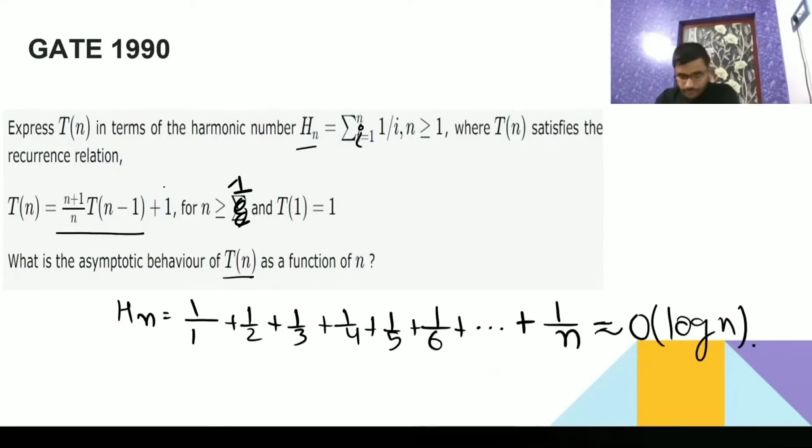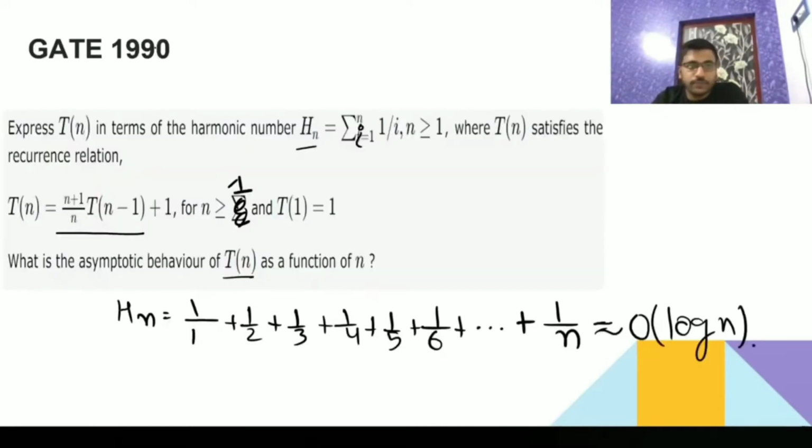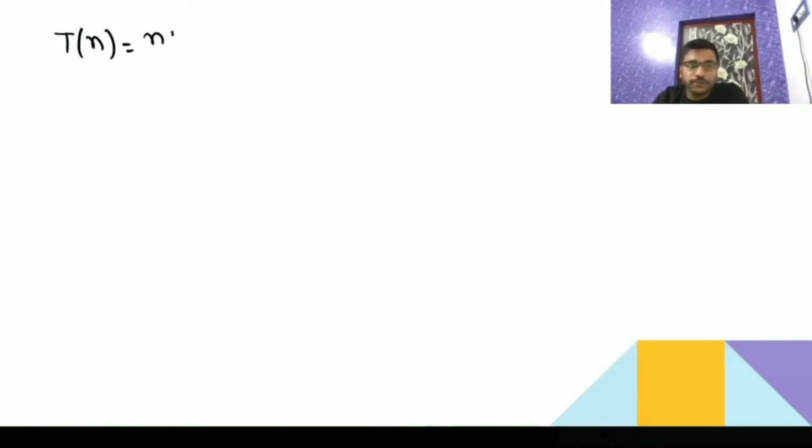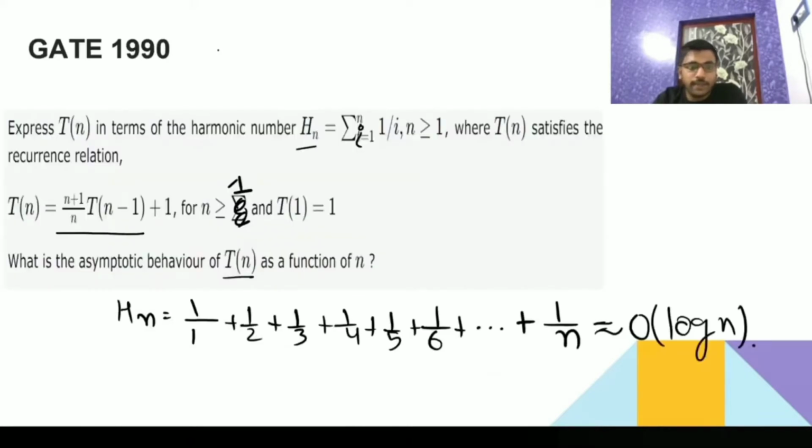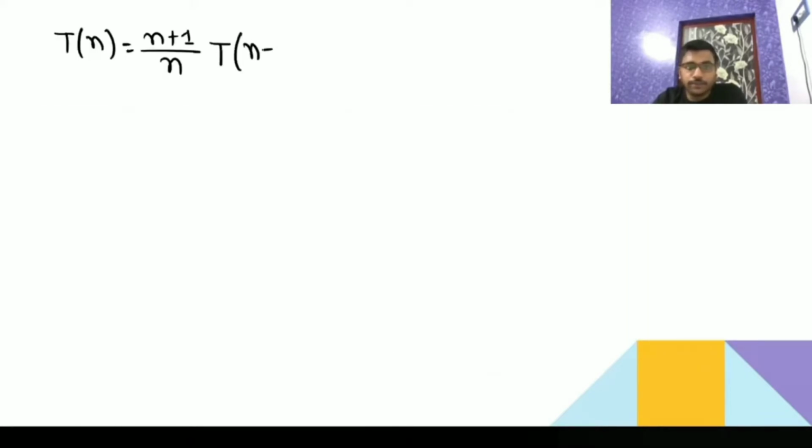Now see, they have given Tn equal to (n plus 1) by n times Tn minus 1, plus 1. So how are they writing it? First Tn they are writing as increasing by 1, then the same thing here, then decreasing, Tn minus 1 plus 1.